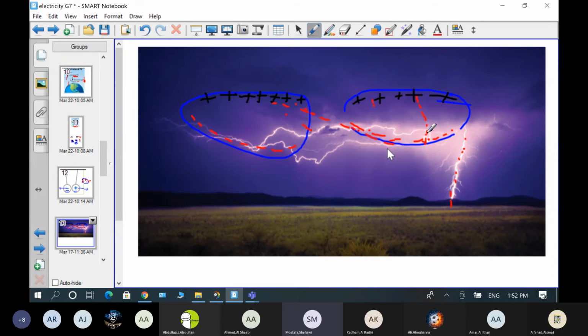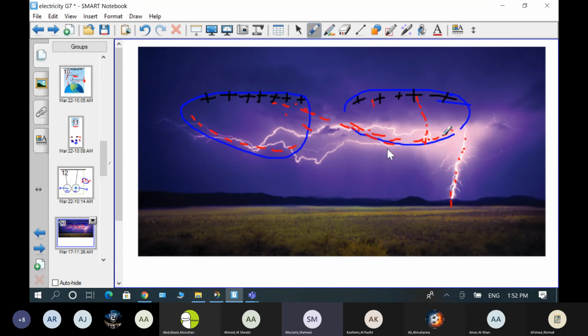So this is an important word, electric discharge. You have enough accumulation of negative charge that will discharge to the ground, which is positive, or will leap from one cloud to another cloud, from the negative part of the cloud to the positive upper part of another cloud, or will leap through the same cloud from the negative part to the positive part.